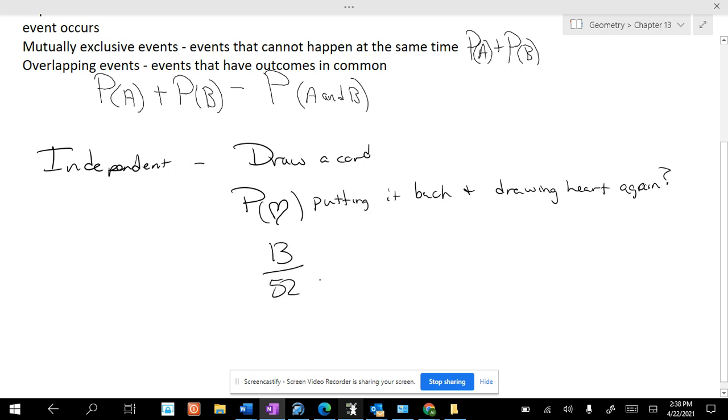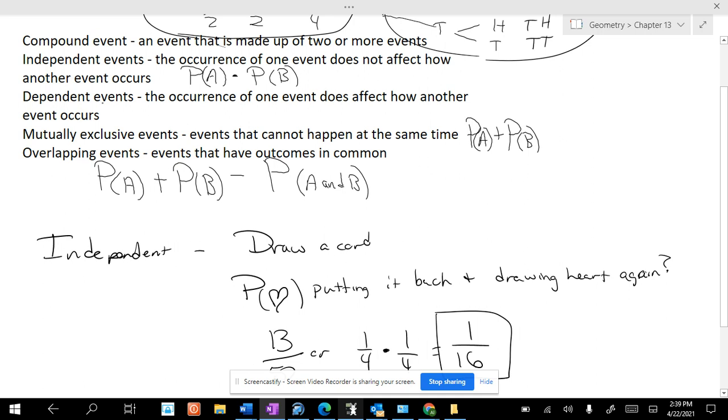You got a 13 out of 52 or 1 out of 4 chance of drawing a heart. Then if you put it back in the deck, shuffle up the deck, and draw it out again, what's the chance of drawing out another heart? 13 out of 52 or 1/4. So the probability of drawing a heart back to back is a 1 out of 16 chance if you put the card back in. That's independent events.